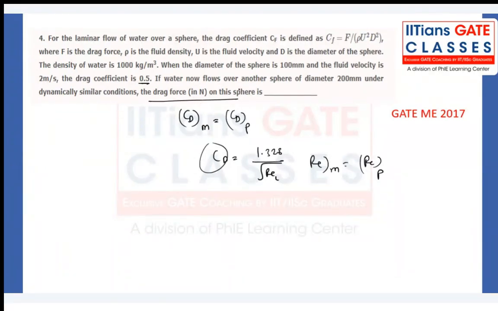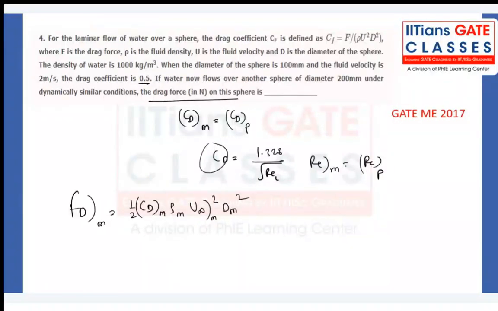And I don't think any difficulty might be there after this discussion, because they are asking drag force on a model, that is half of CD of model, rho of model, u infinity m square and dm square.